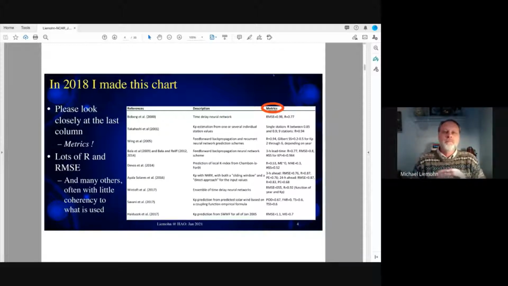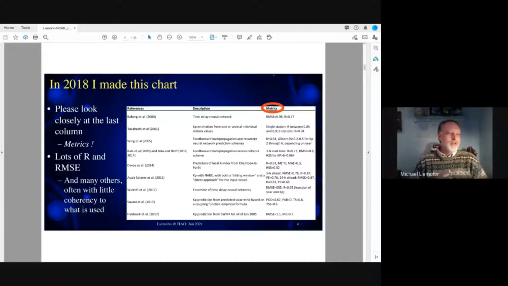From that, Masha Kuznetsova organized a special issue of Space Weather, and the working group there wrote a review article by committee, and we came up with this chart. I'm occasionally going to look and point off to my side because I have the presentation open on a display over here. So if I occasionally look like I'm not talking to you, it's okay. I'm looking at what I'm trying to present.